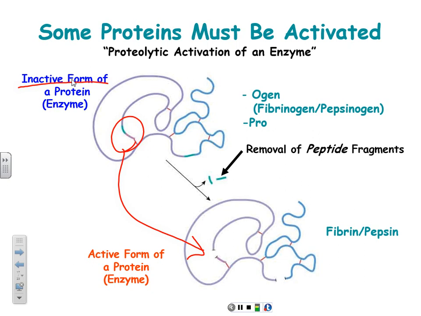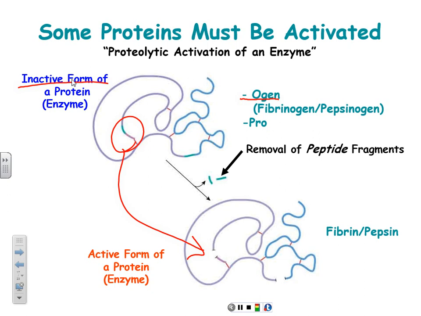Take a look at this. Inactive proteins can be easily recognized because of a suffix in their name, OGEN. Here is a protein. Its name is fibrinogen.